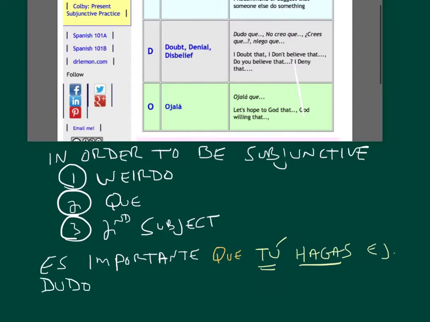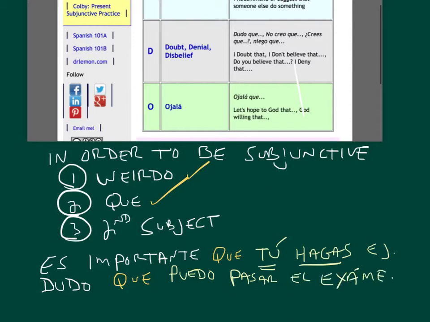Yo dudo, here's the conjunction que. So far we have a weirdo phrase, and we use the conjunction que. And then I'm going to say, dudo que puedo pasar el examen. Yo dudo, I doubt that I can pass the exam.